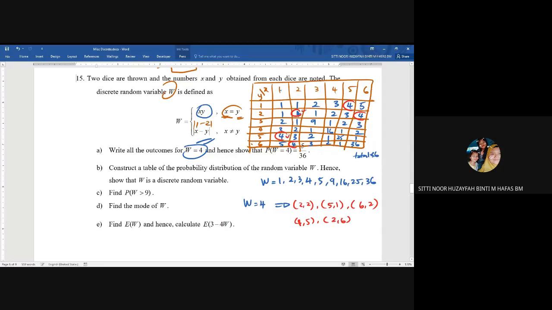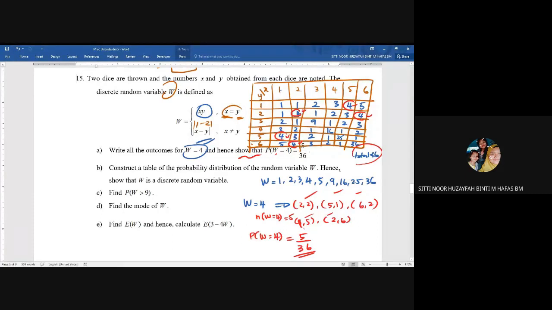Right? 1, 2, 3, 4, 5. So what is the probability when W equal to 4? The number of outcomes with W equal to 4 is 1, 2, 3, 4, 5. So the probability will be 5 out of the total outcomes, which is 36. So the probability of W equal to 4 is 5 over 36.